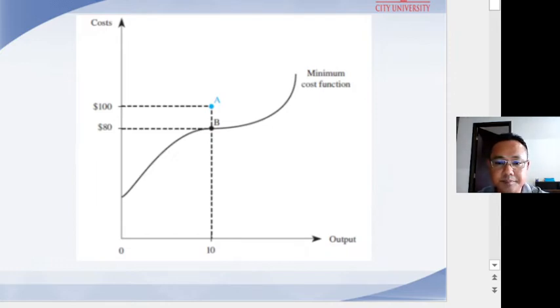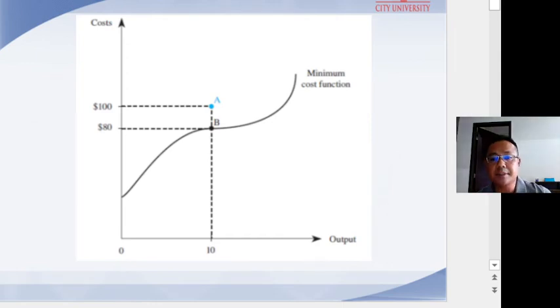So in this chapter, we consider techniques a firm can use to ensure that it is operating on the cost function, point B in this figure, and not above it. We begin by discussing three methods managers can use to obtain inputs needed in production: spot exchange, contracts, and vertical integration.